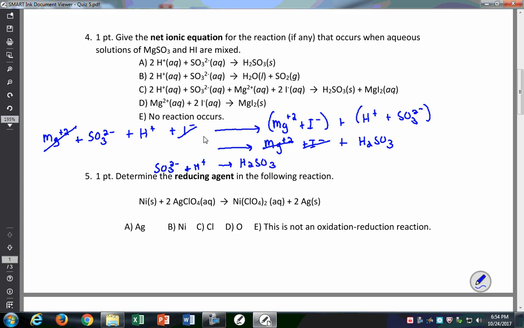However, as soon as you see H2SO3, you have to recognize that that's going to decompose to H2O liquid plus SO2 gas. So the actual net ionic equation is SO3 2- plus H+ forms H2O liquid plus SO2 gas.